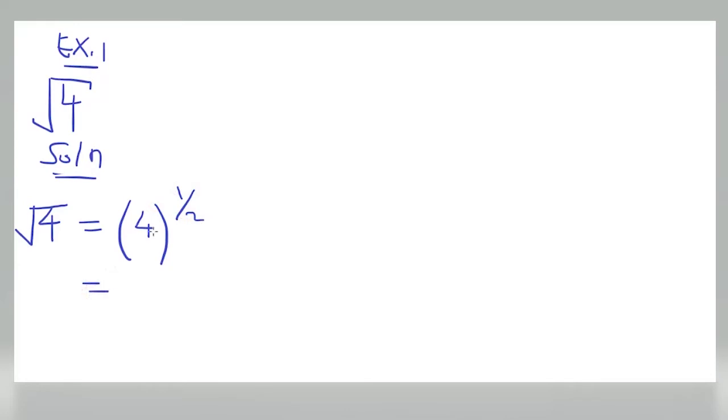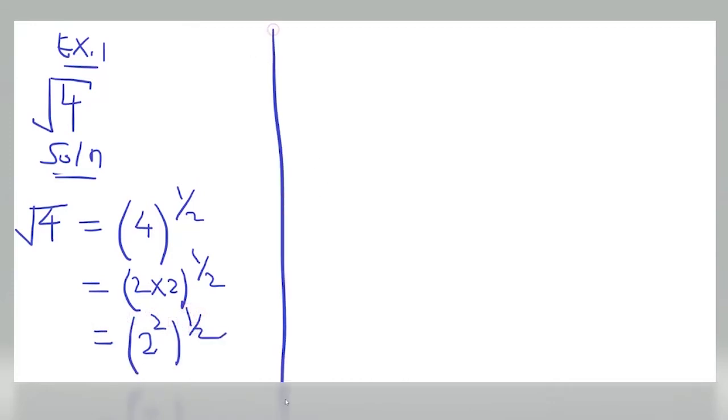Now find the product of 4: 4 is 2 times 2, then power a half. Then this is equal to 2 squared, then power a half. Remember the law of exponents. This is equal to 2 to the power 2 times a half.